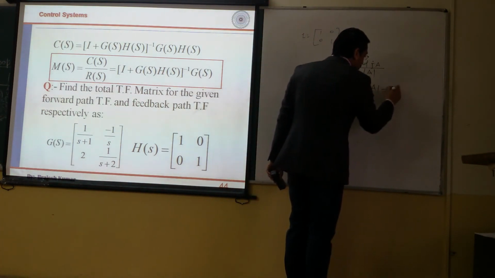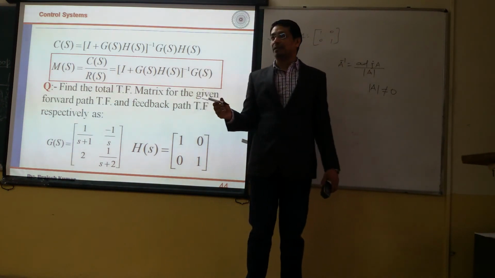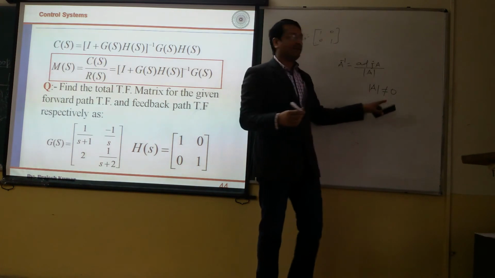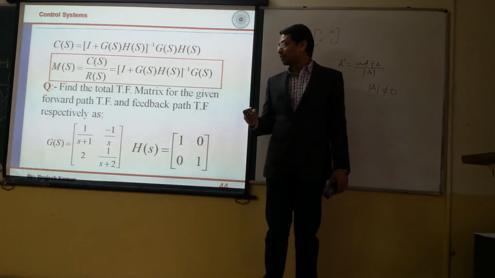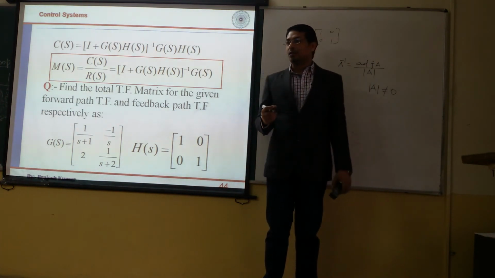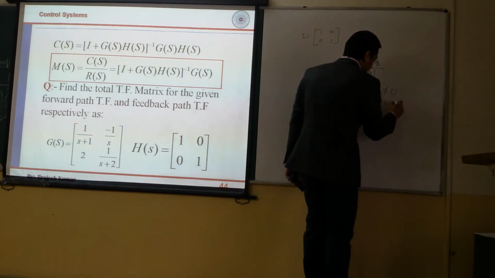Determinant of A should not be 0. So first you need to check the determinant. And by saying that determinant is not equal to 0, you can equivalently say that your matrix A is non-singular. Okay. Non-singular.